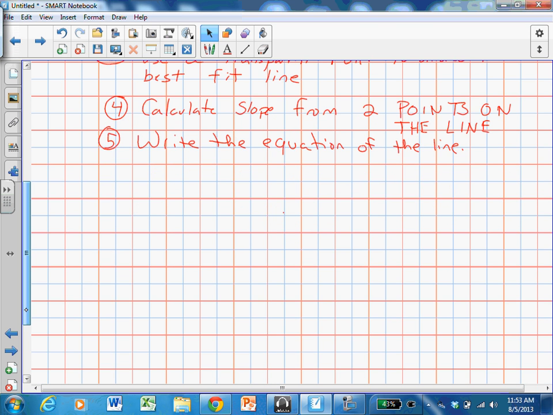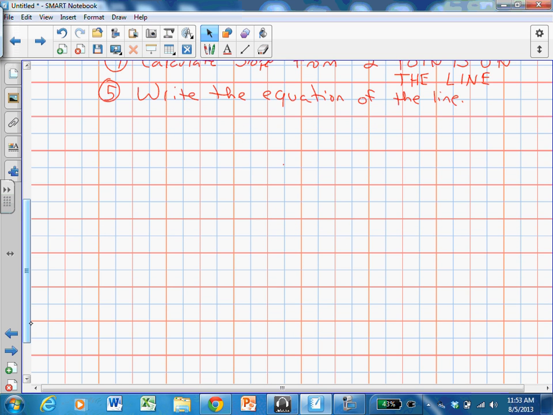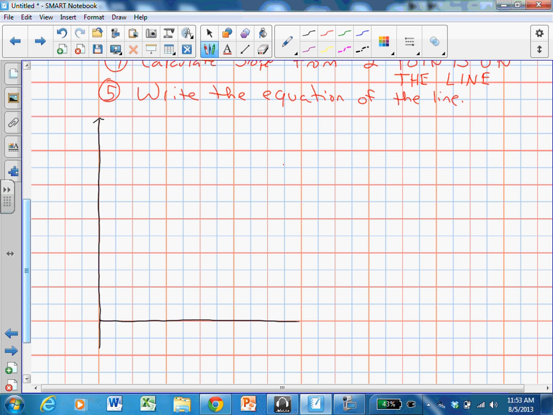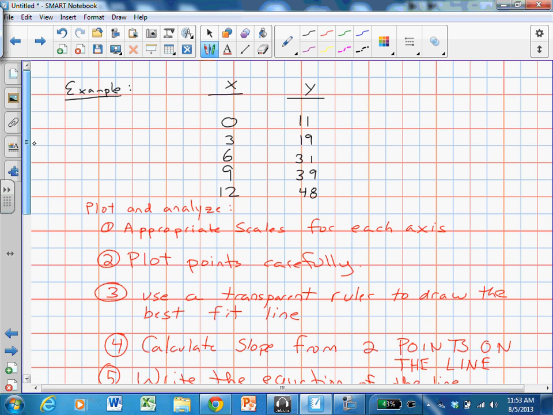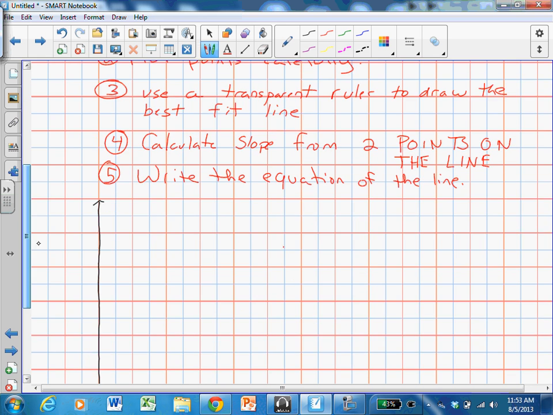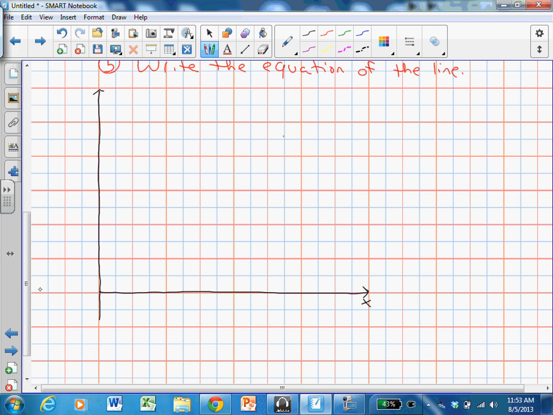So let's say that our axes go from up here in the Y. We're dealing with all positive data, so I'm going to keep something like that. And our X went to there. So we can see that if we get our appropriate scale, X goes from 0 to 12. So we have the difference, it's 12 minus 0 is 12.